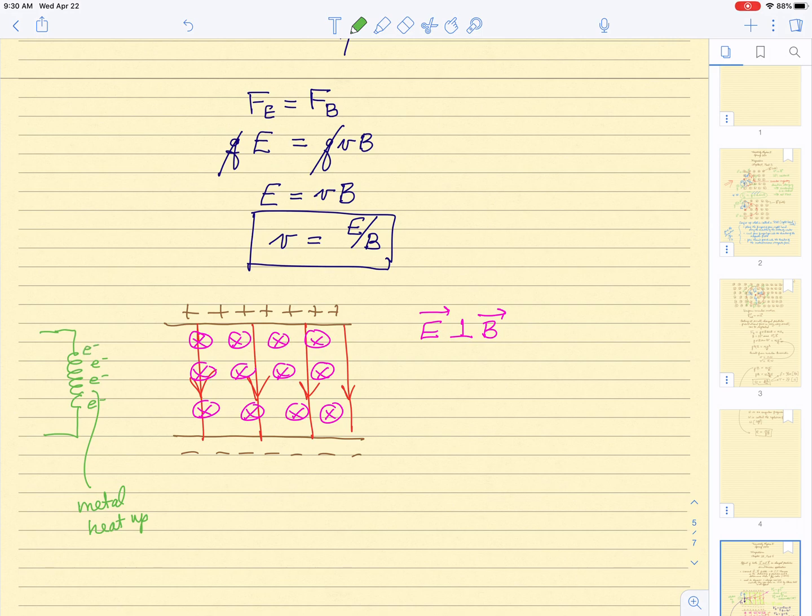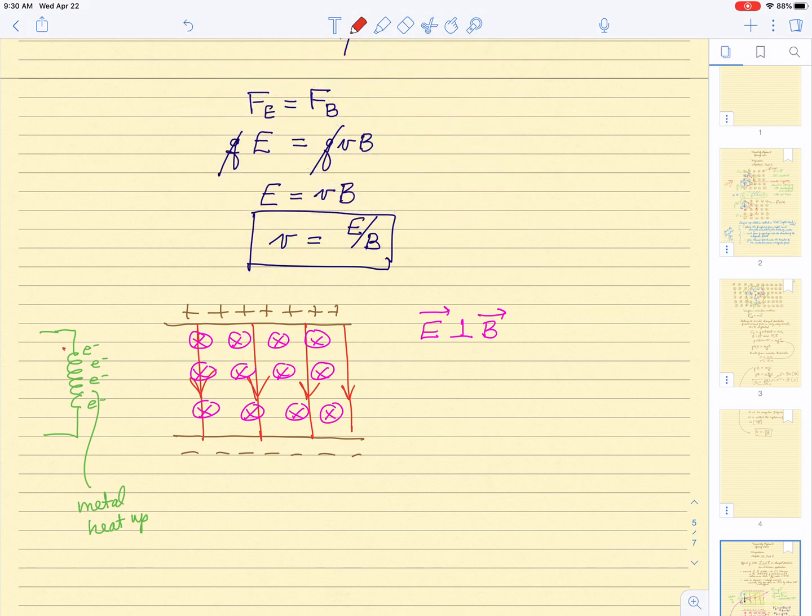And they don't all come off at the same speed off the surface. Just like when you boil water, the water molecules coming off a surface of a pot of boiling water are not all at the same speed. They come off with a distribution of speeds.